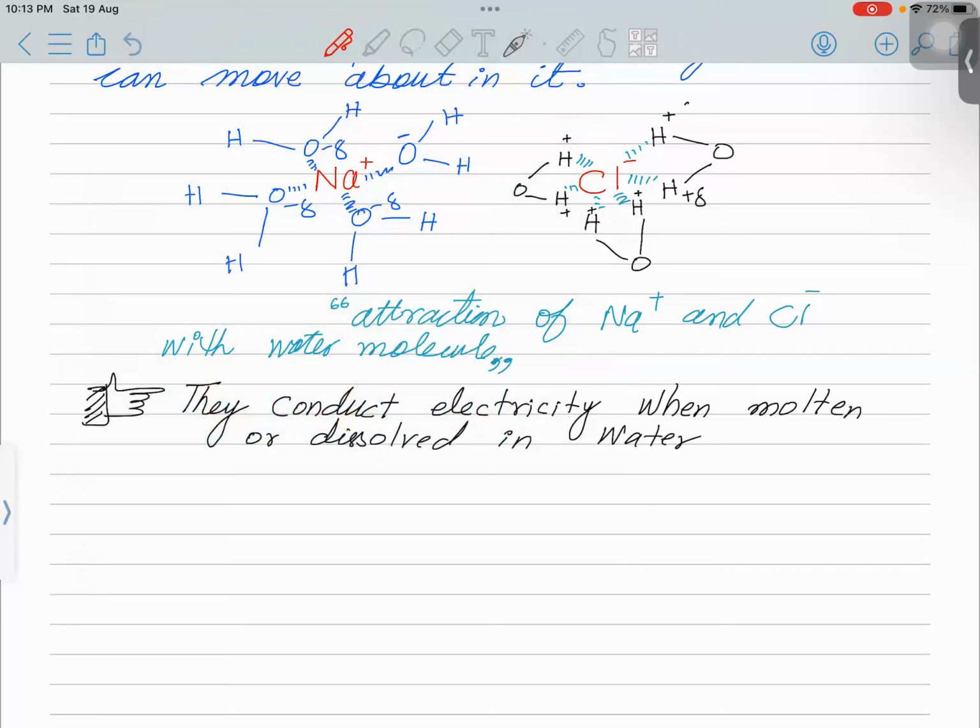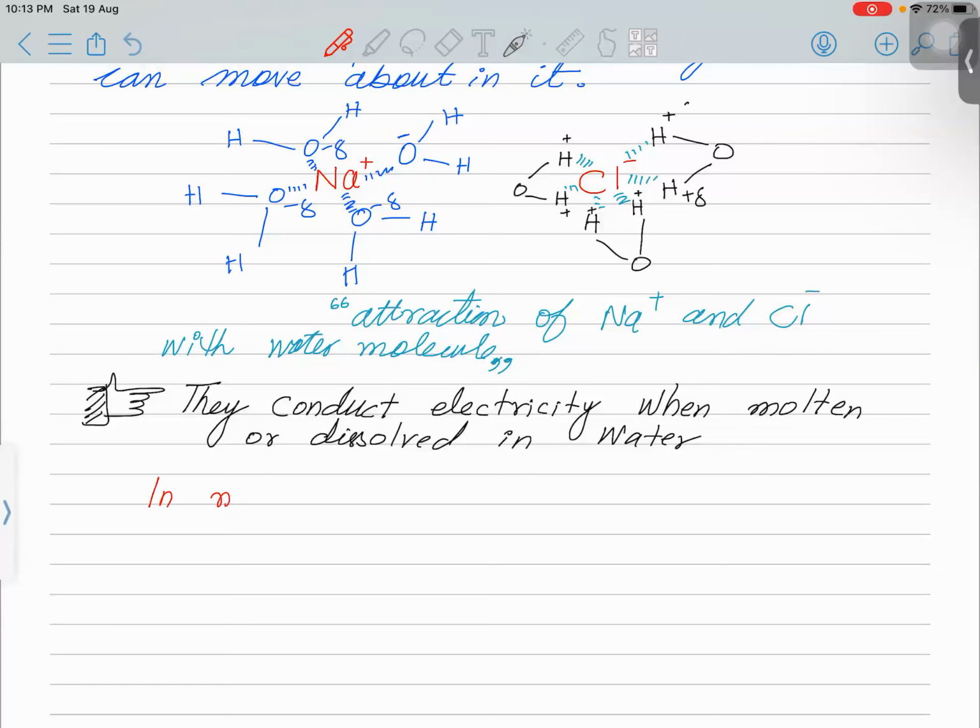Can you tell me why? Because they are able to dissolve in water. The appropriate words are in aqueous or in molten state, ions can move easily. You know that movement of ions is called electricity or conduction.